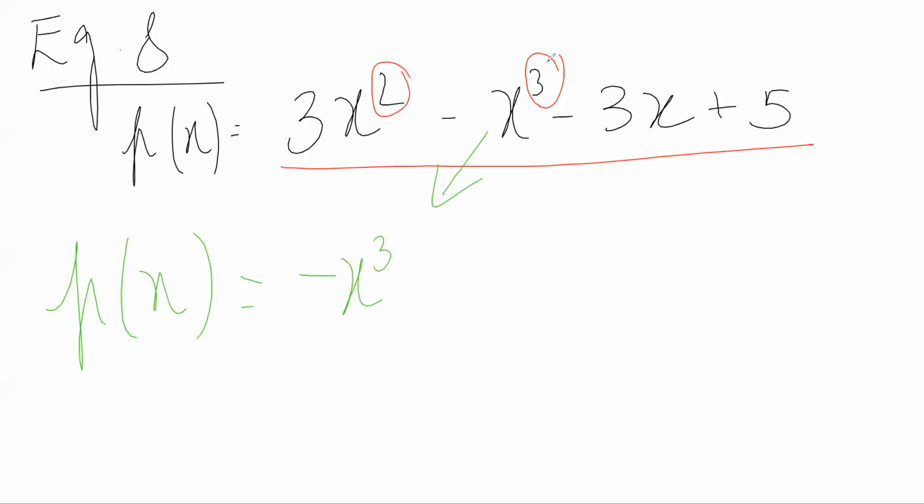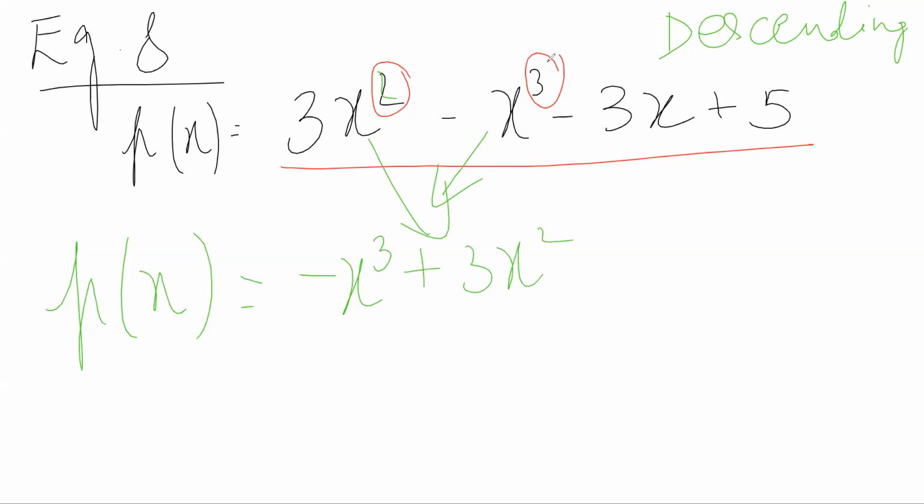Then what is the next highest? What I had said, you should go with the descending order. So what is next? It is 2. So it comes over here, plus 3x square.